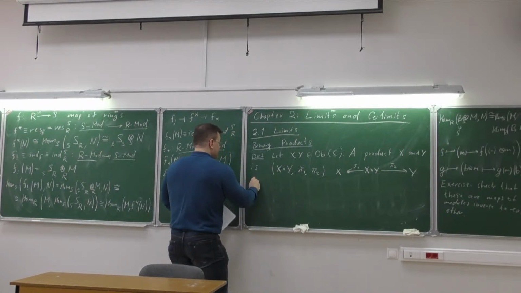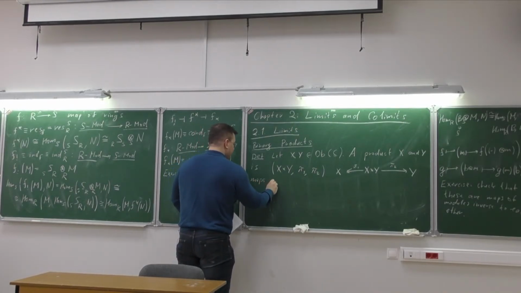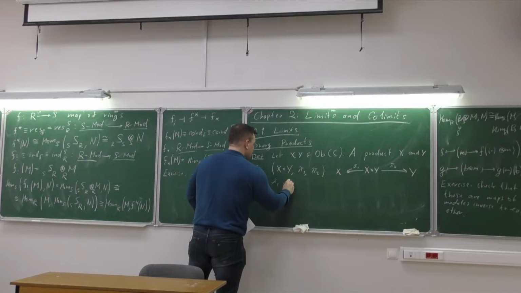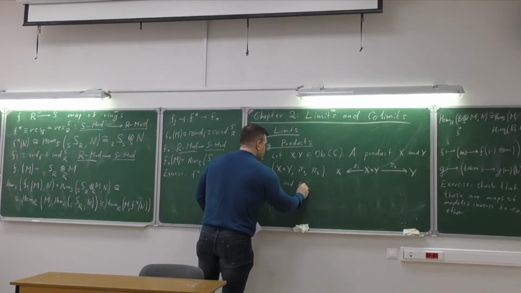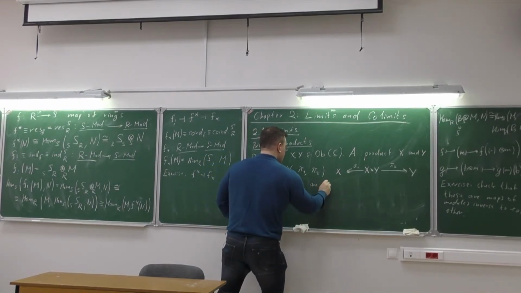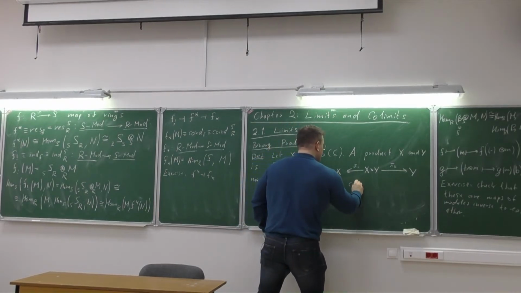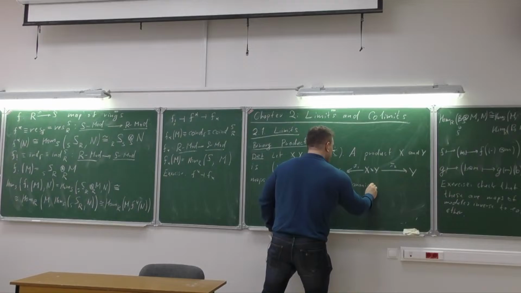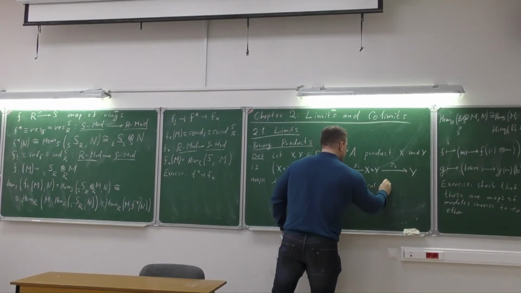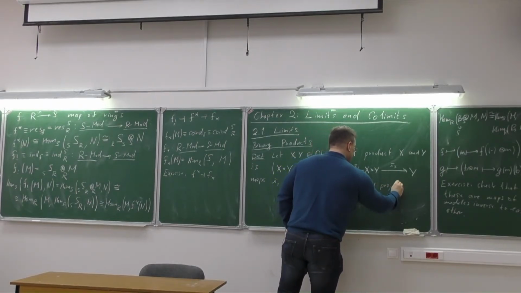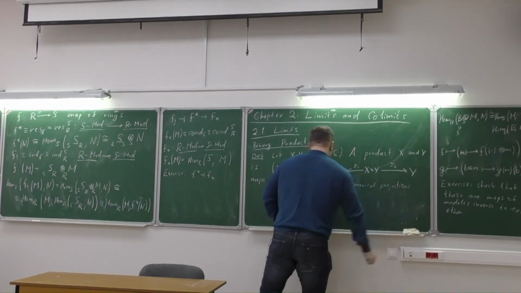So maps pi 1 and pi 2 are called canonical projections for this product.